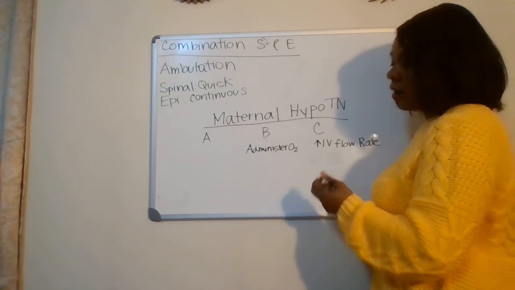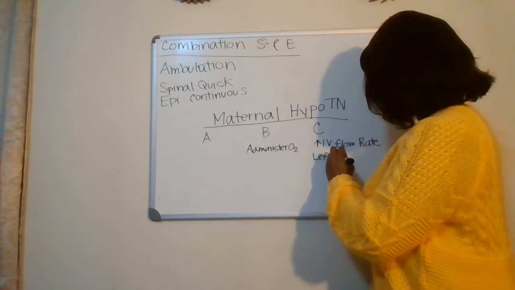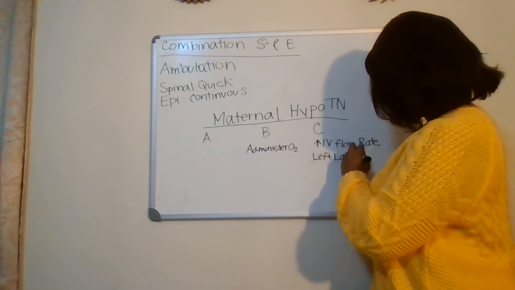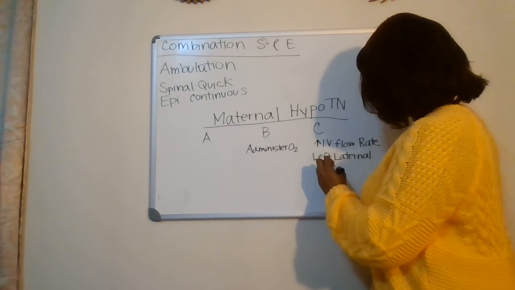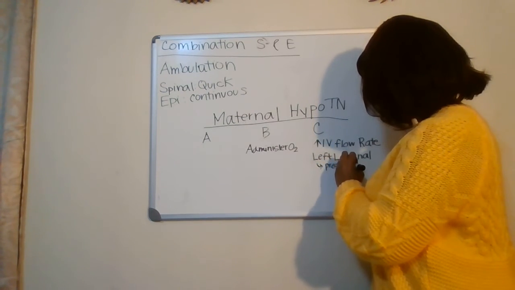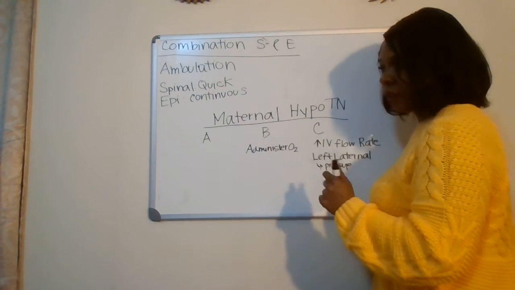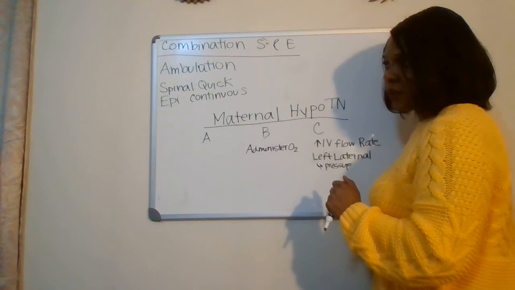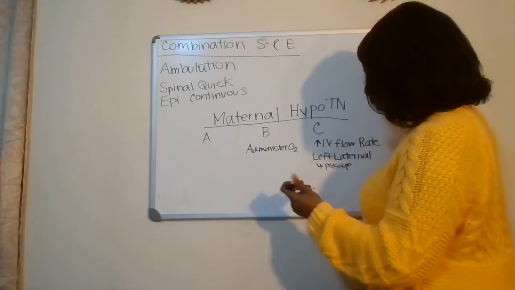Then we have to turn her to her left side, left lateral side, better terminology. Okay? Because this prevents pressure on the vena cava, or backup on the vena cava, and it prevents the baby from cutting it off.